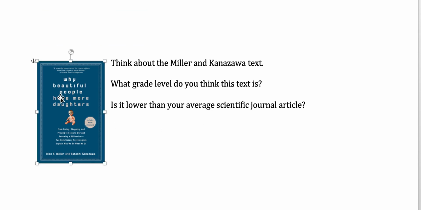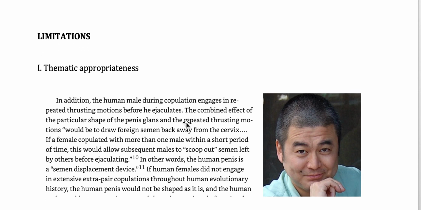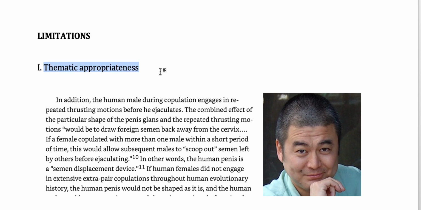When you think about that Kanazawa text, what grade level do you think it is? Is it lower than your average scientific journal article? Well, in a moment, I'm going to ask you to run some tests and find out. And think about how that relates to how much you enjoy reading this text, regardless of how you feel about the ideas in it. Look, there are limitations to these tests, and one of them is thematic appropriateness.